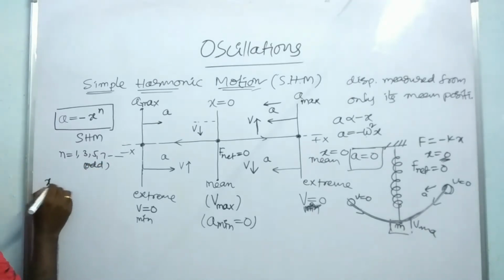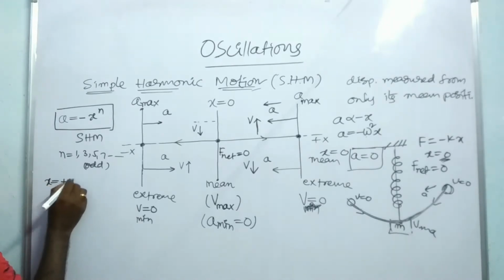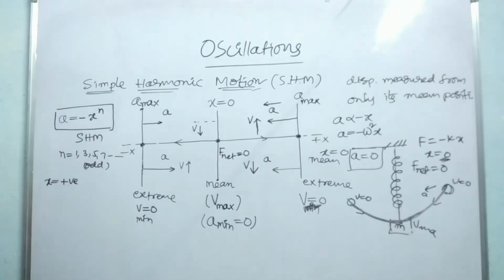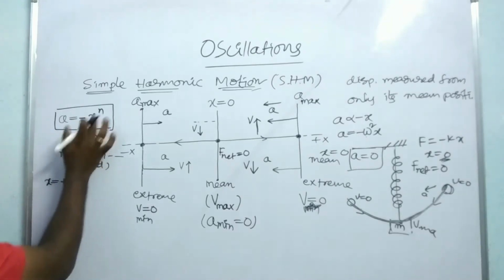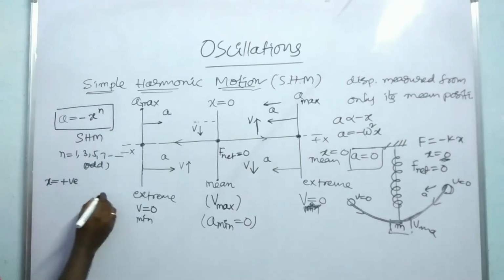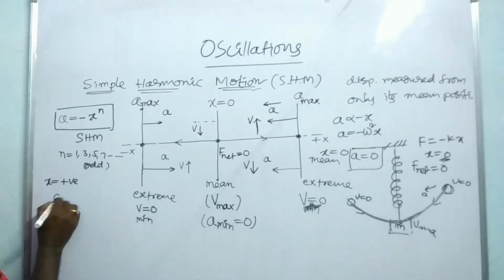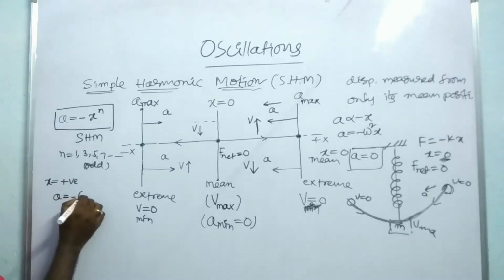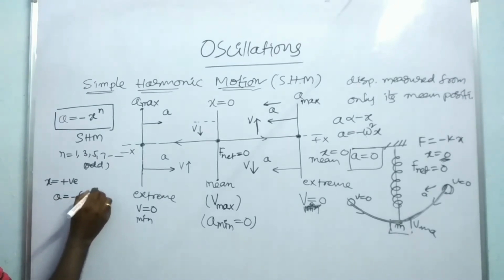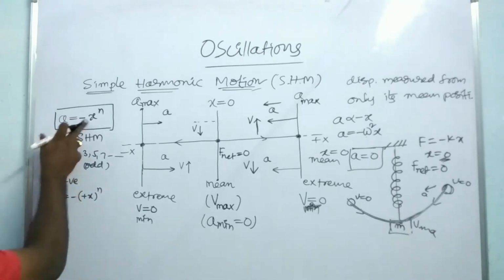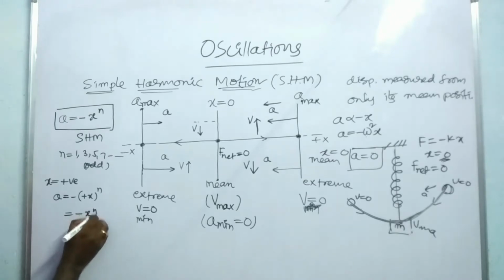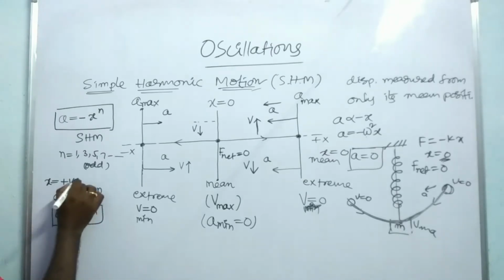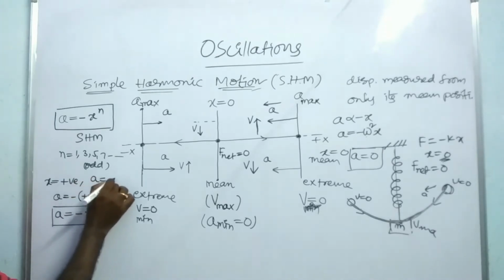If x is positive, so positive power n means odd number. So positive x, a is equal to minus x to the power n. So a is equal to negative.